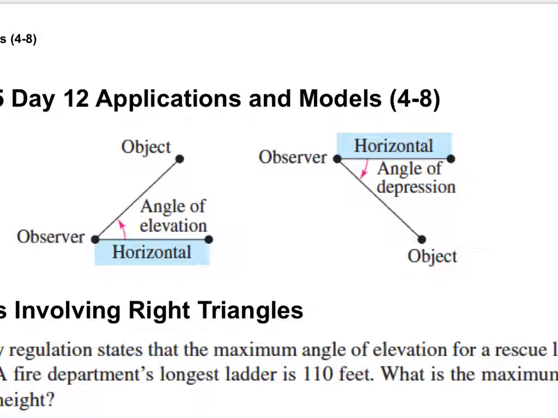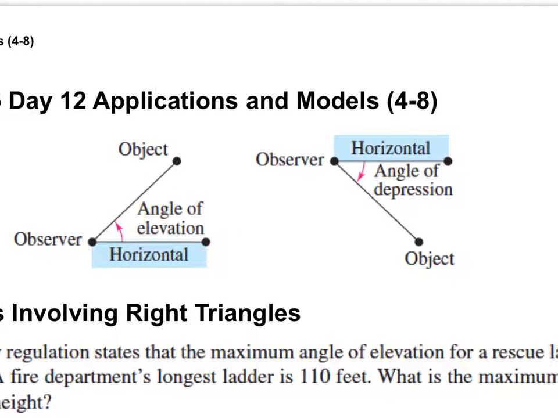So here, if we have the person who's observing at the bottom looking up at something, the angle that they have to look up is called the angle of elevation, okay? And as you can see here, it's always measured from the horizontal, okay? It's always measured from the perfect horizontal.